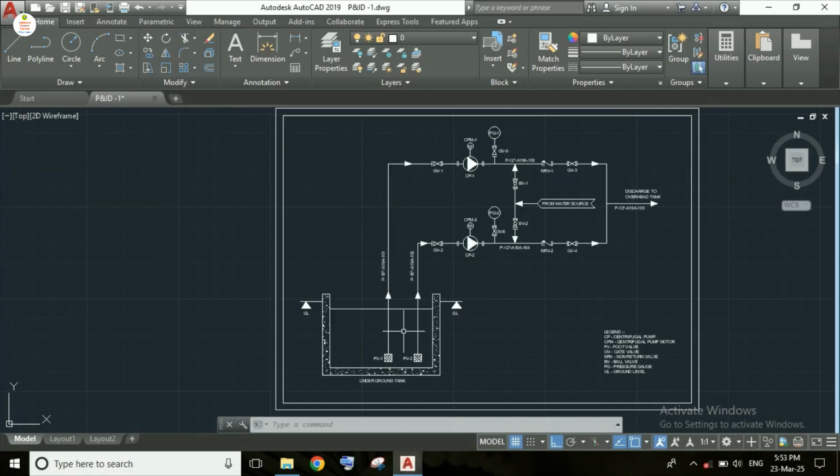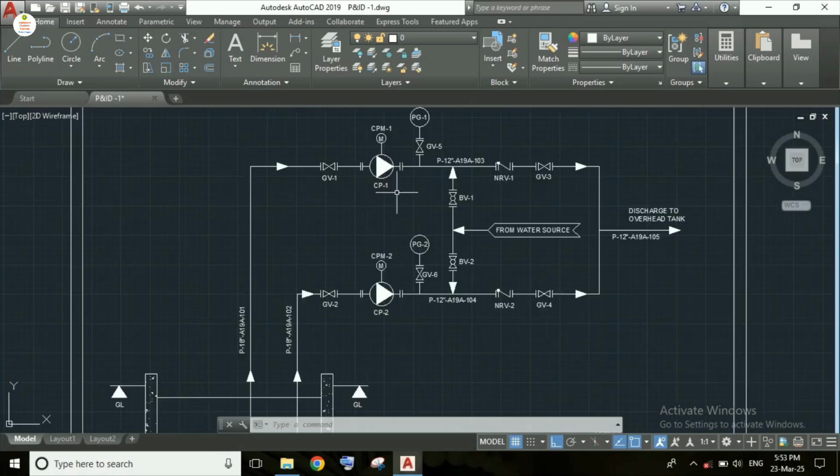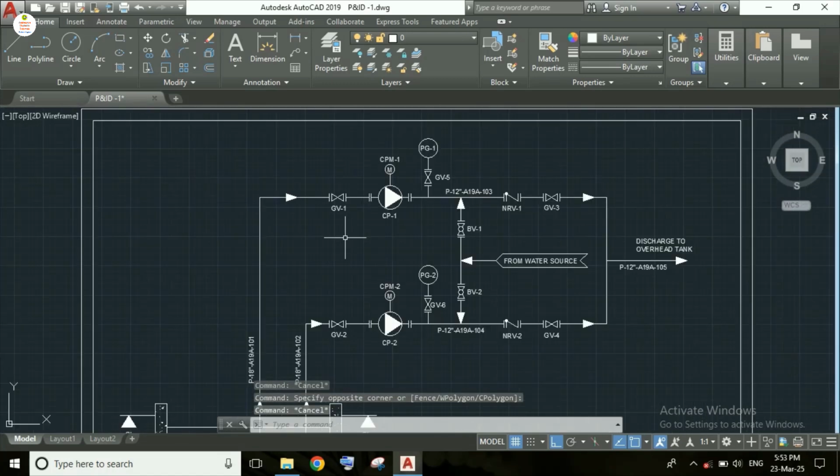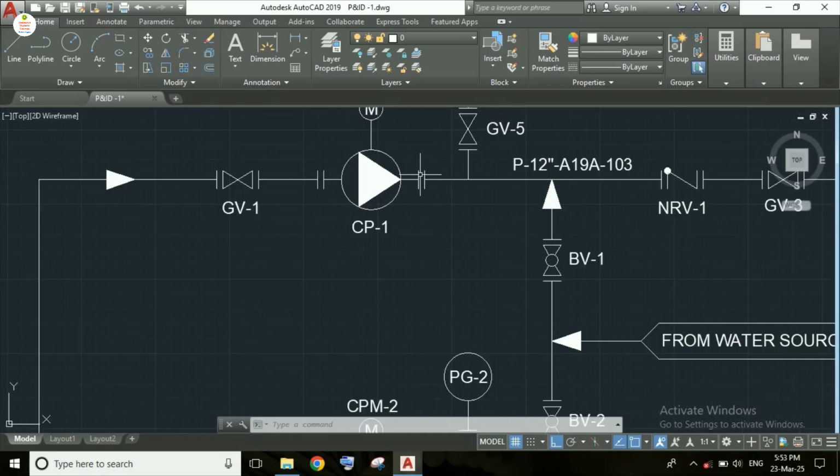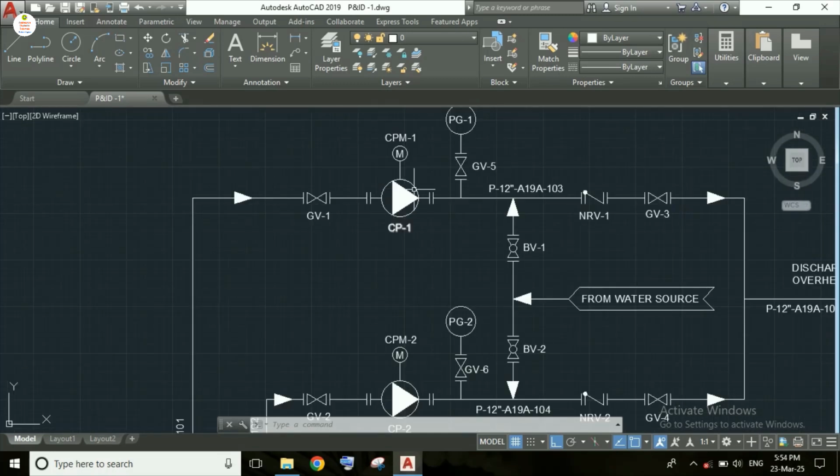Water or effluent or any other liquid goes from the suction line to the centrifugal pump through these isolation valves. We have used a gate valve as an isolation valve. After that, these are the flange arrangements, as you can see here, and this is the centrifugal pump symbol.